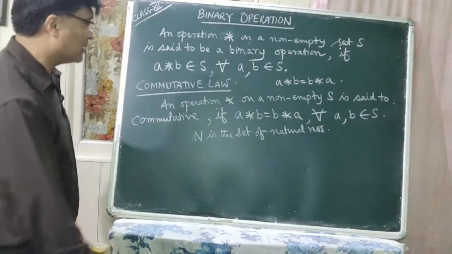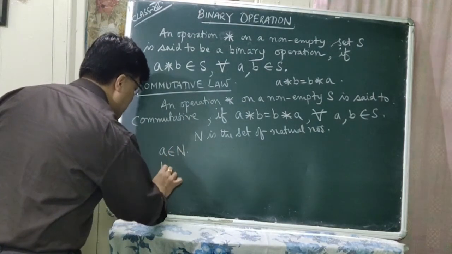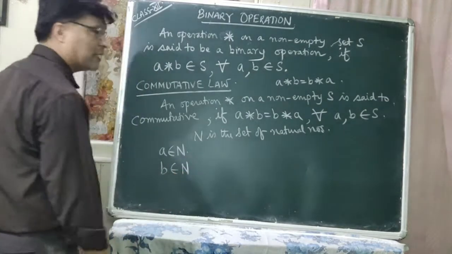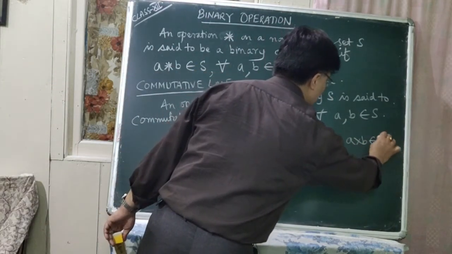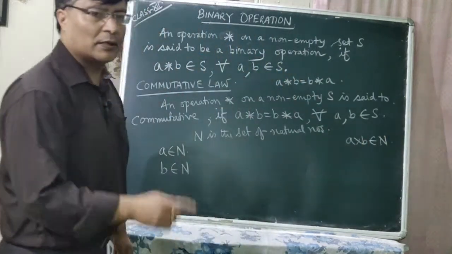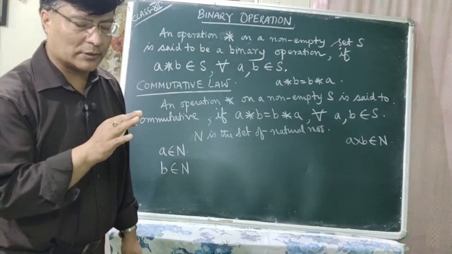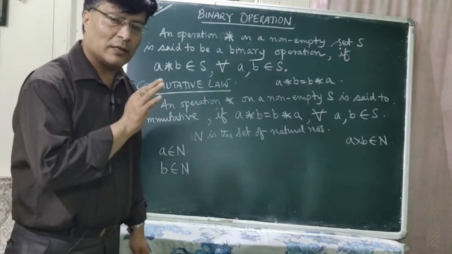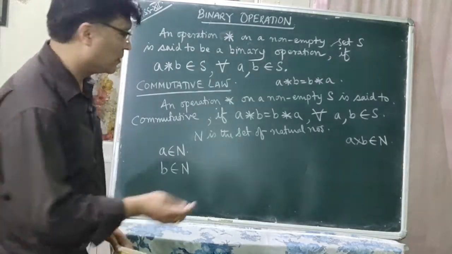You know that, isn't it? So A belongs to the set of natural numbers and B belongs to the set of natural numbers. So A into B also belongs to the set of natural numbers. So can you say that this multiplication operation satisfies commutative law?